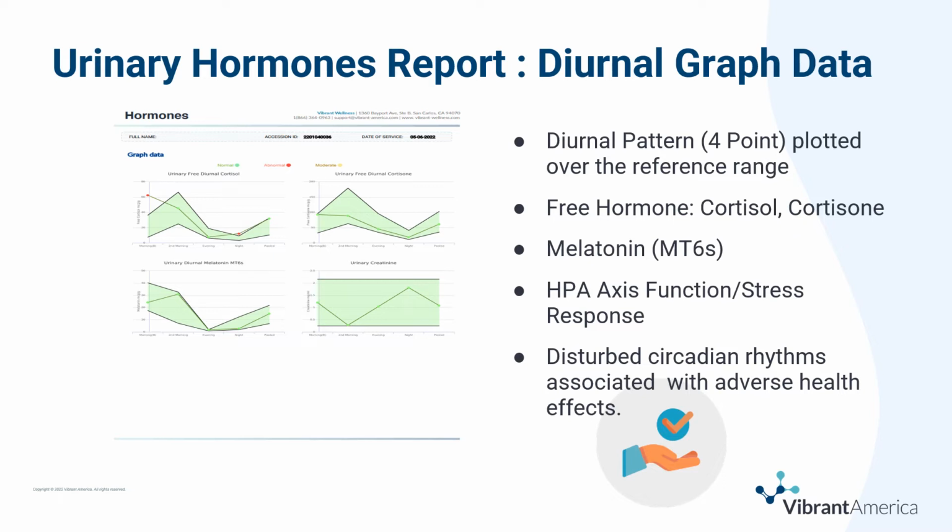Disturbed diurnal patterns of hormones are associated with a diverse range of illnesses, including adverse influences on brain function and cognition, heart physiology, reproduction, metabolism, sleep, diabetes, and cancer. So catching disturbed diurnal rhythms early through urinary hormone testing can be a great path to prevention.